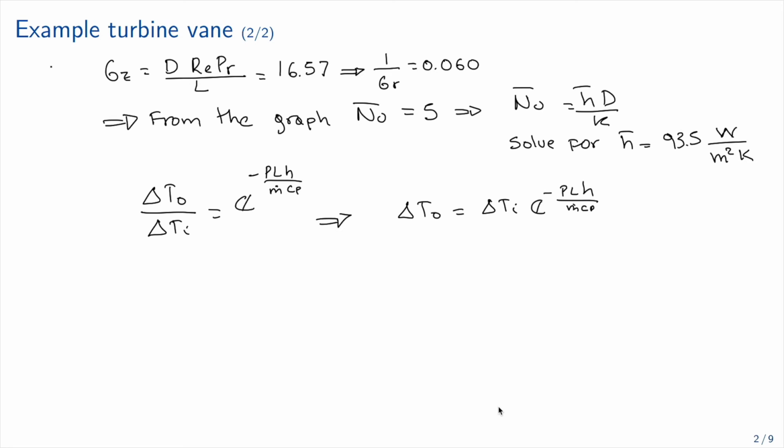And so by replacing the corresponding values, we have that T at the outlet is equal to 583 Celsius.